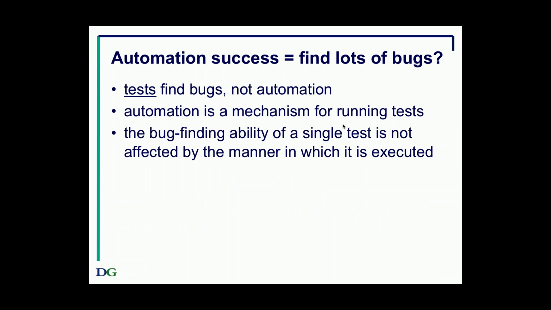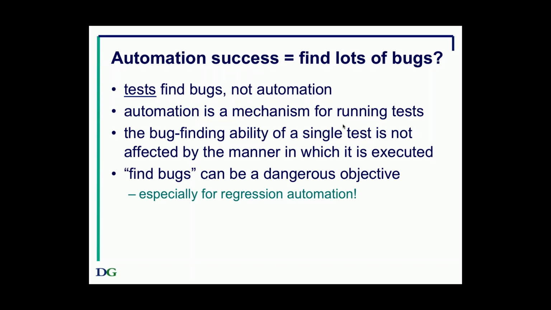And if you take a single test, the bug-finding ability of that particular test is not affected by whether it's run manually or whether it's automated. If there's a bug there and that test is run, it will find the bug, whether that test is run manually or whether it's automated. Now, there are probably exceptions, but roughly. So finding bugs can be a very dangerous objective, especially for regression automation.